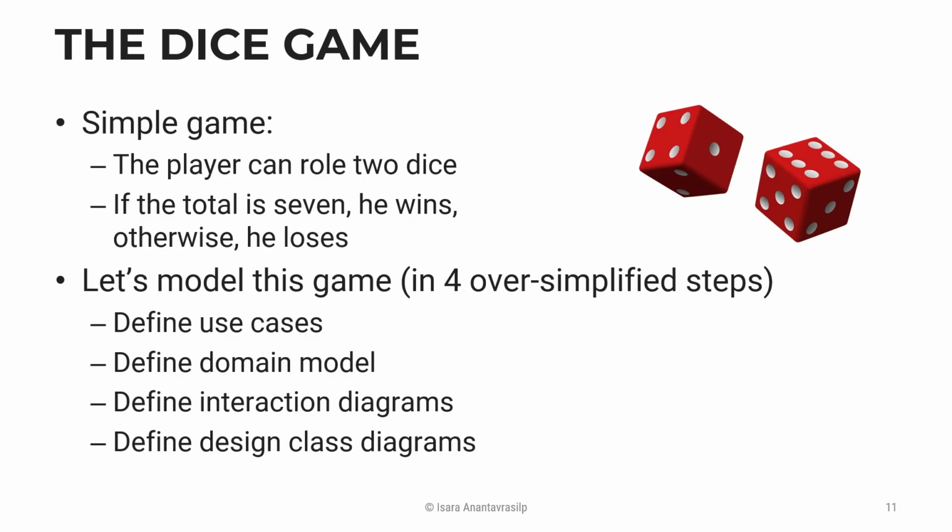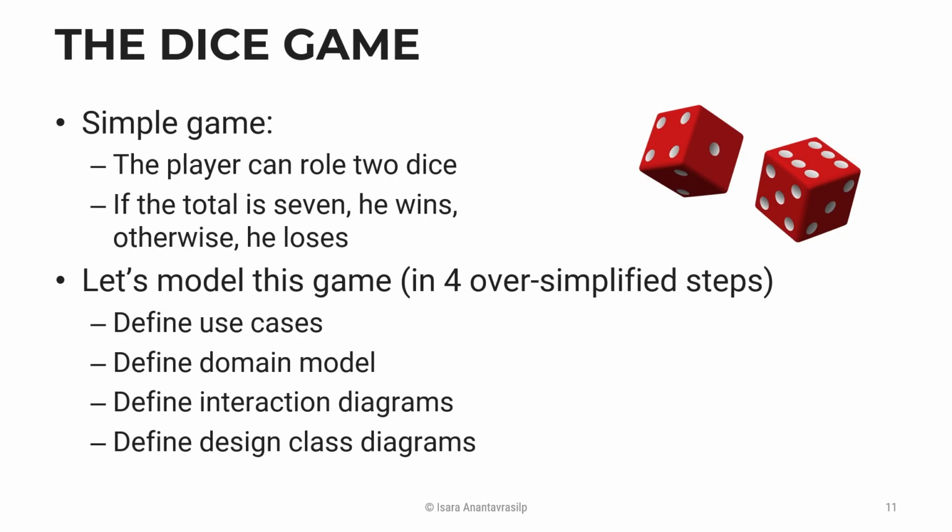All right, let's do some modeling together. Here we are going to design a game. We call it the dice game. It is quite simple. The player can roll 2 dice. If the total is 7, he wins. Otherwise, he loses. We are going to model the game in 4 super easy steps.